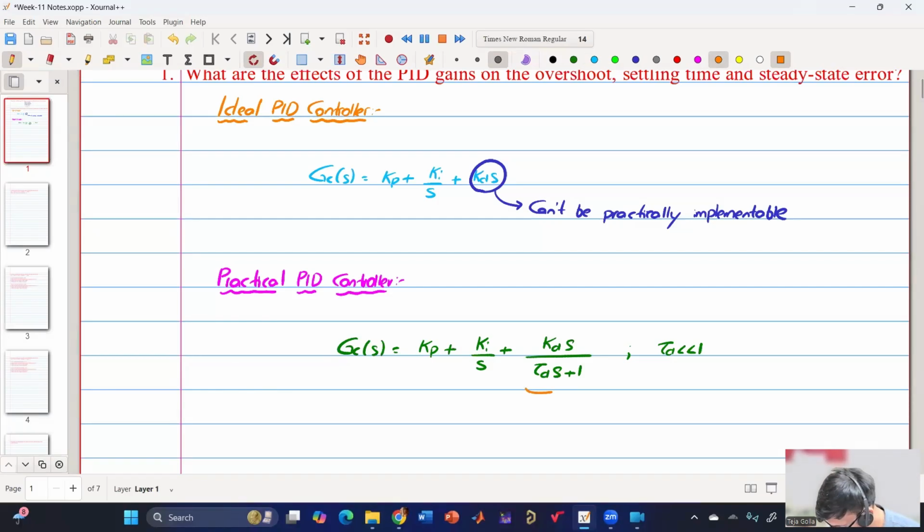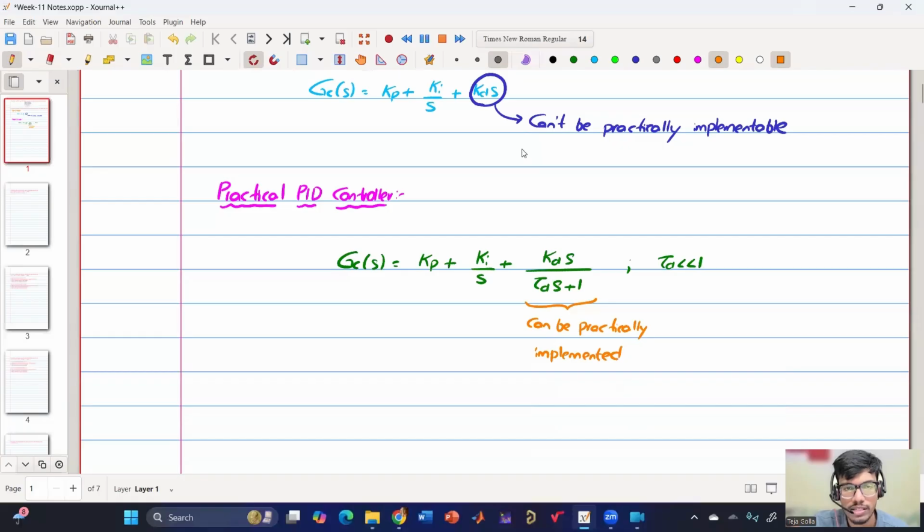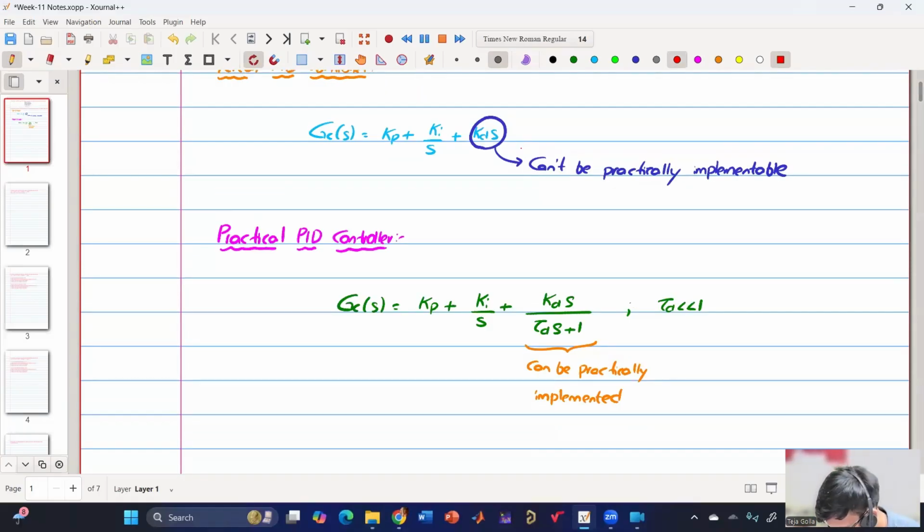Now this can be practically implemented because it is a proper transfer function, whereas the earlier one is an improper transfer function.